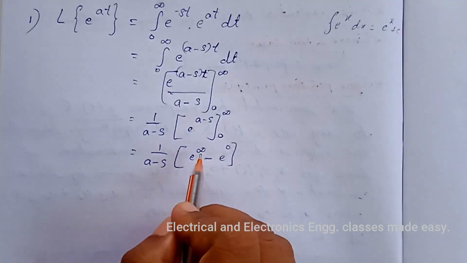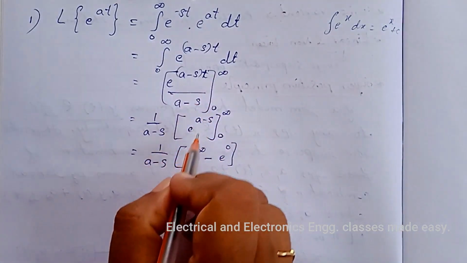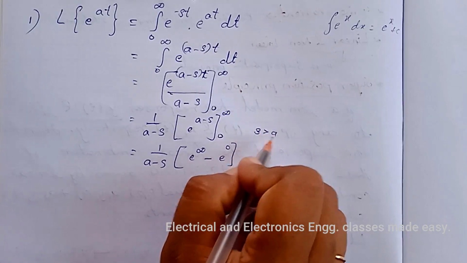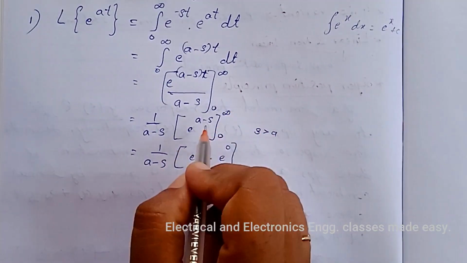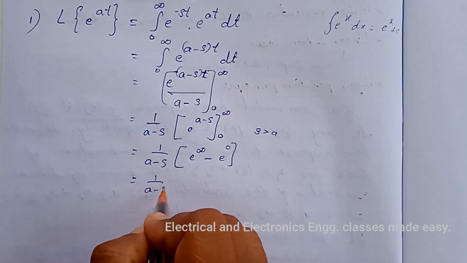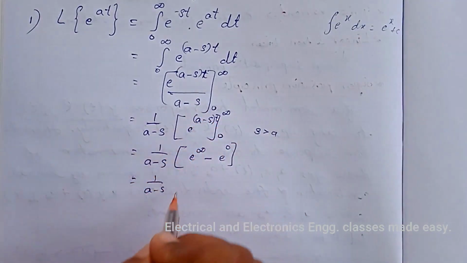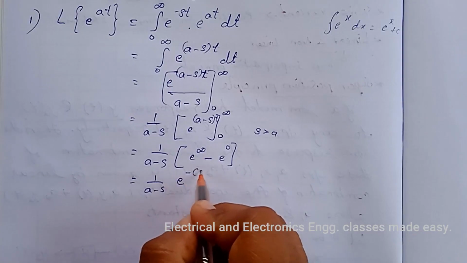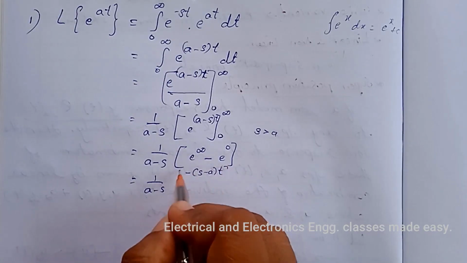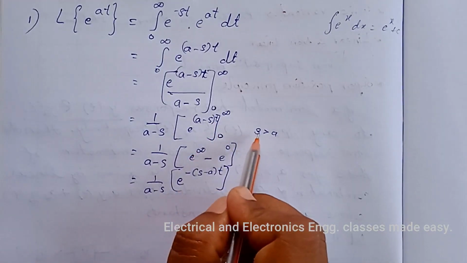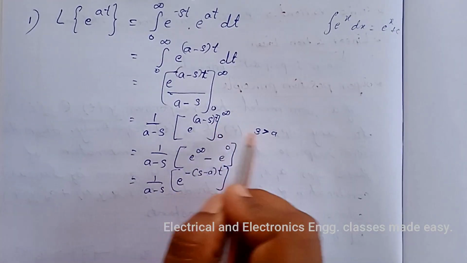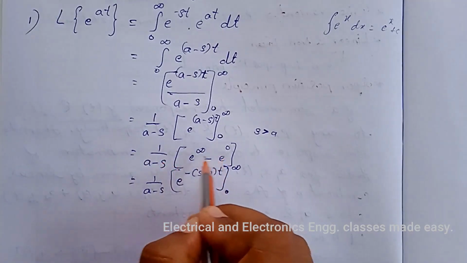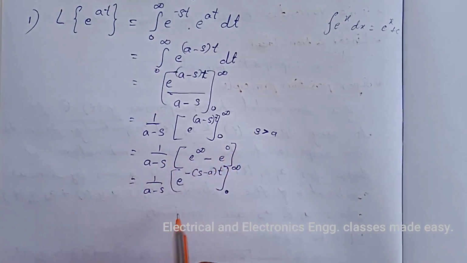Here we have to take s greater than a, so that e raised to minus (s minus a)t goes to zero, because we have to consider s greater than a.